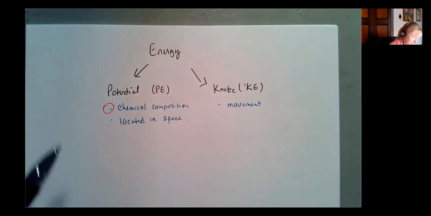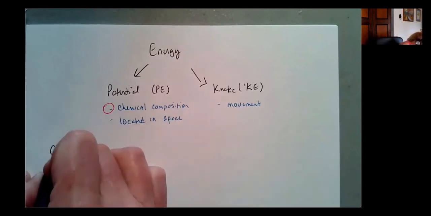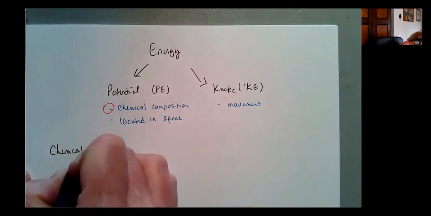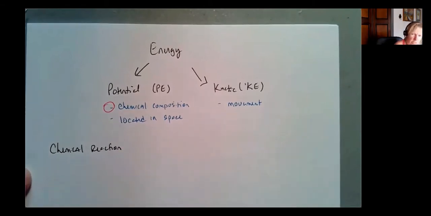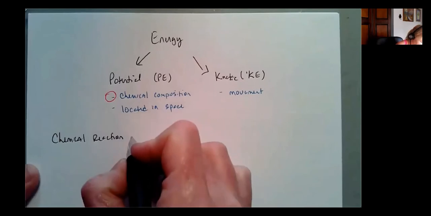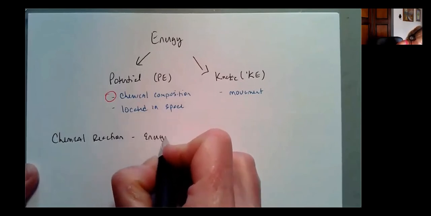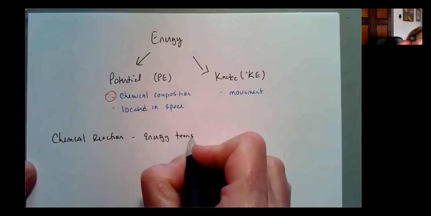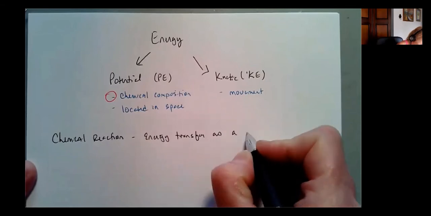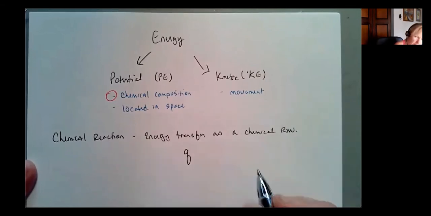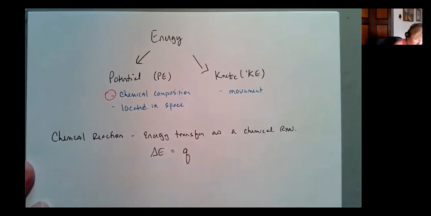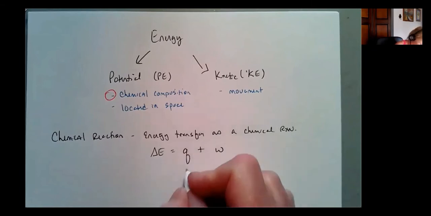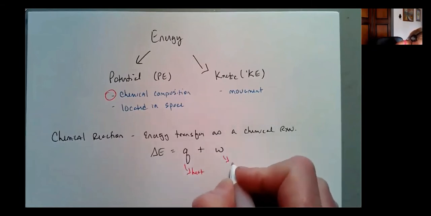If we remember back to when we looked at chemical reactions, we spent quite a bit of time in the thermochemistry chapter looking at chemical reactions and the energy transfer that happens as a result. We said we could define the change in internal energy of the system as Q plus W, where Q is heat and W is work.